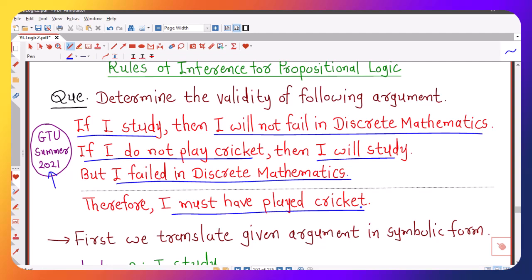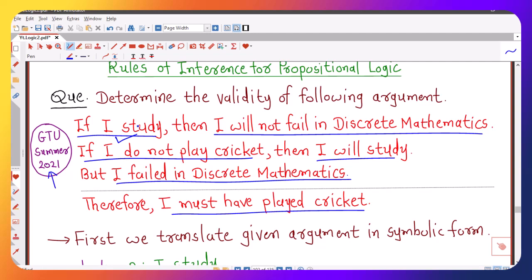So, as we know that whenever we want to determine the validity of a given argument, first we will consider notations for different propositions in the given argument, and using those notations we will try to write the given argument in symbolic form and then we will check its validity. So here we can see that there are three propositions.